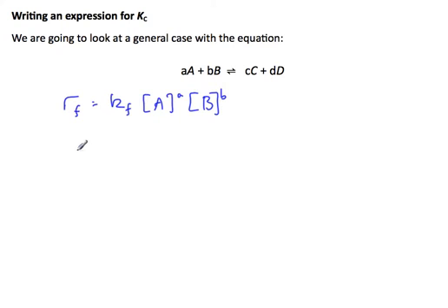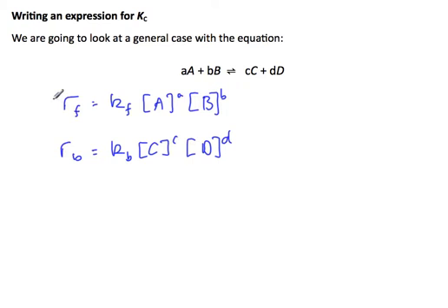The reverse reaction also has a rate, and I'll say B for backwards, equals rate constant B times the concentration of C raised to the power of c, times the concentration of D raised to the power of d. So we have these two different rate expressions.